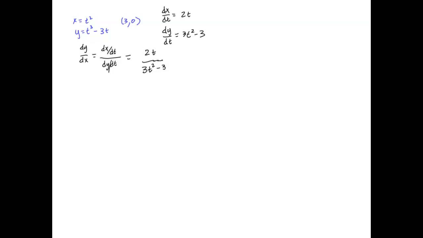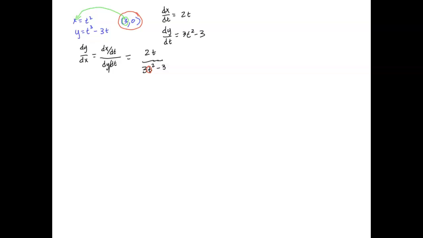All right, and so what we want to do is find the value of t that we can fill in at the point 3, 0. And so we can do that. Let's just take the x coordinate here, 3, and we'll just plug it in for x in our x parametric equation.